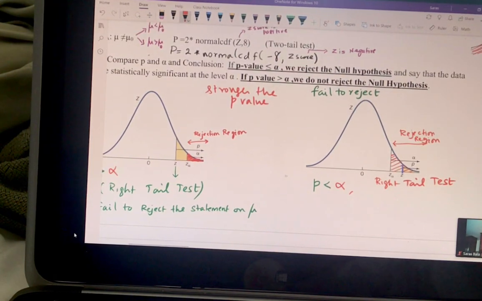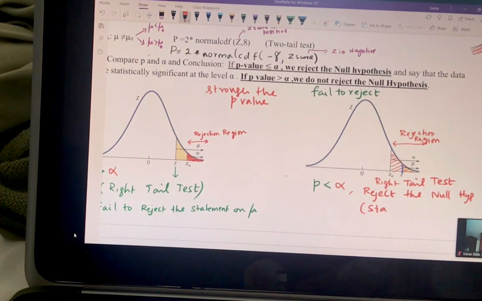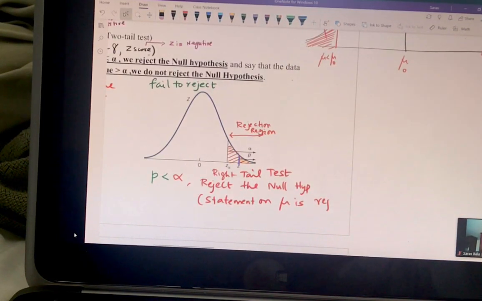Or you can say the statement on mu that you defined in your null hypothesis is rejected. So this is what I'm going to be comparing, the p and alpha.